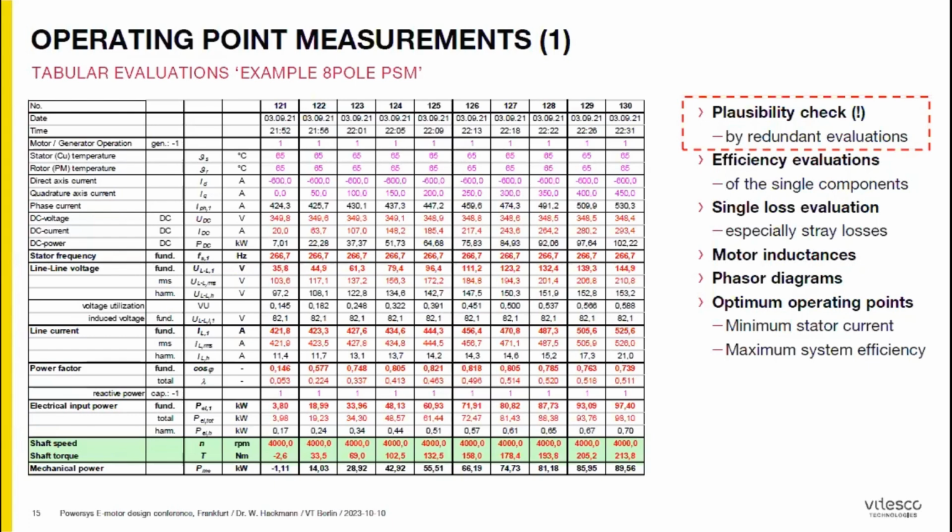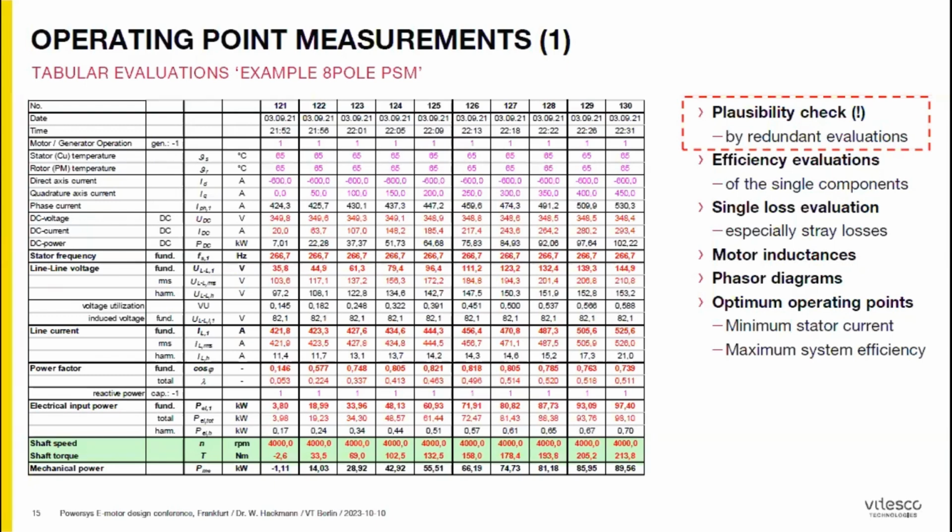Then we need the values for the e-machine itself: fundamental frequency, then voltage, current, and input power with 3 values: the fundamental value at the fundamental frequency, the RMS value, and both together lead to the harmonic value. With such a set of numbers, we have not only the information about the fundamental operating point, but also about the harmonic effects.